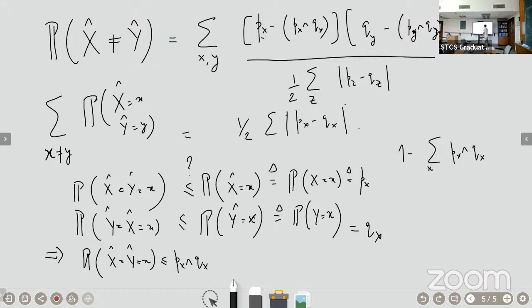What do I want? I want x hat not equal to y hat, which is nothing but 1 minus the summation. We just substitute the summation here, same as before, in the definition of x hat not equal to y hat. And this quantity I already proved is 1.